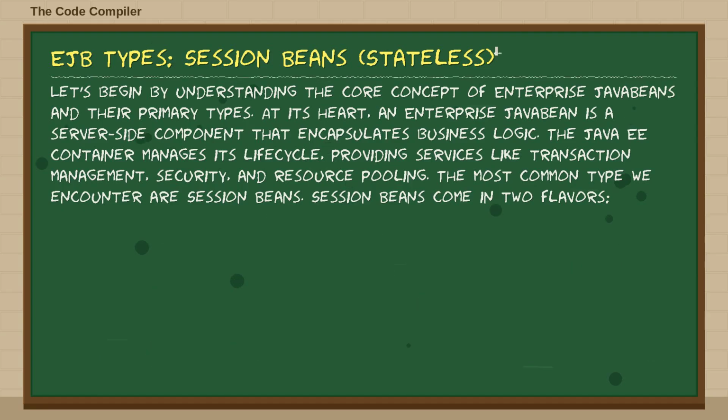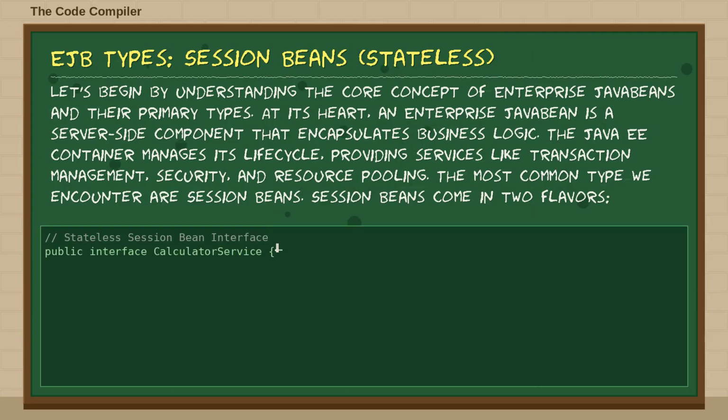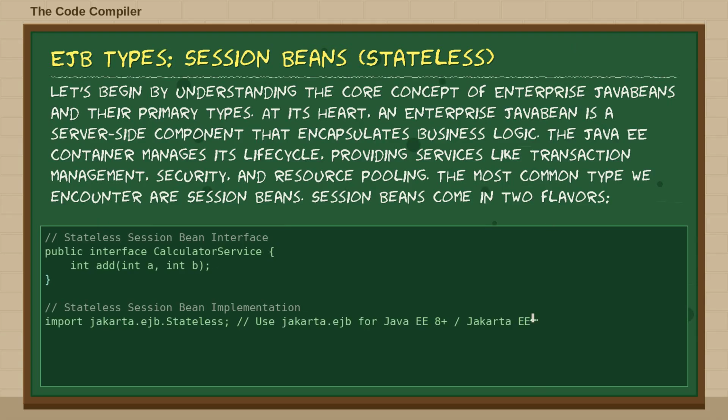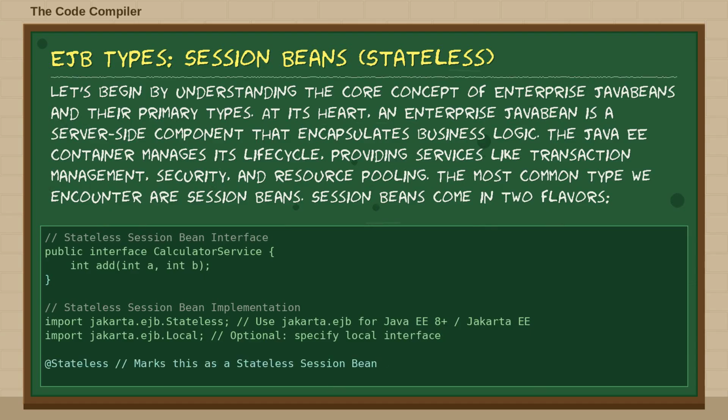You can use it, but it does not remember your previous interactions. They are excellent for operations that are independent and can be executed without needing context from prior calls, making them highly scalable and reusable. Here is a simple example of a stateless session bean interface and its implementation.